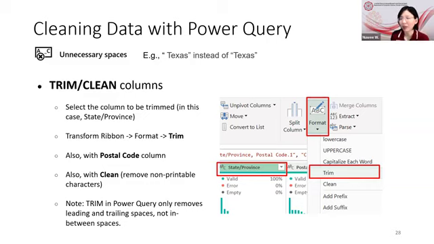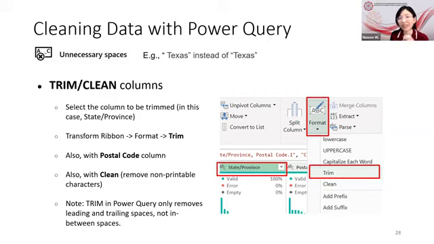So let's get back here. We only have unnecessary space at the front, so it's fine to use trim here. I will add another function that we want to apply, which is clean.